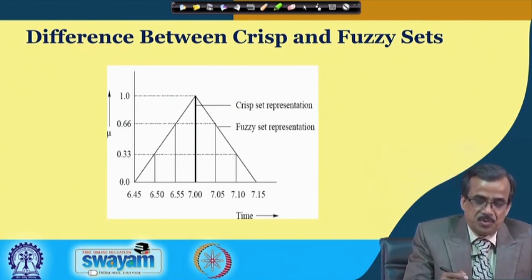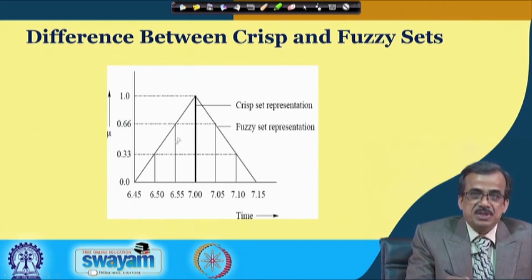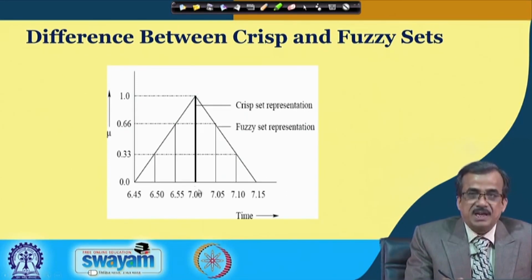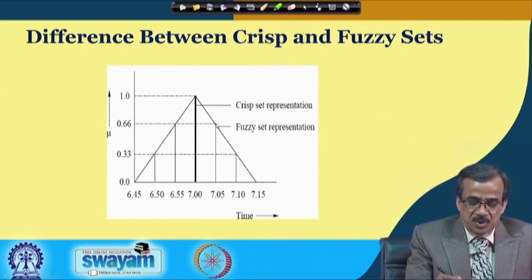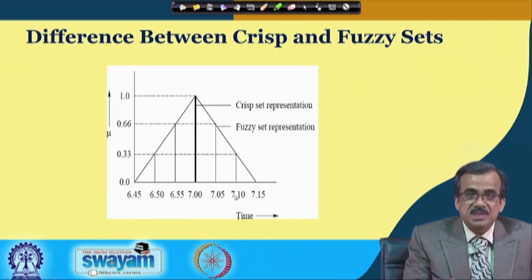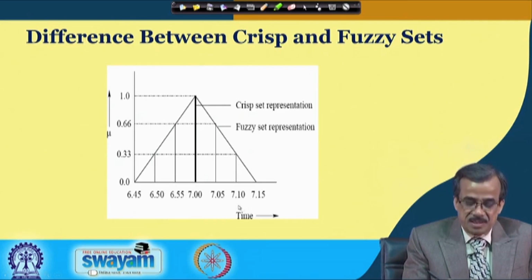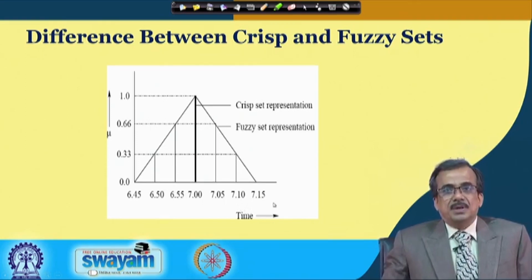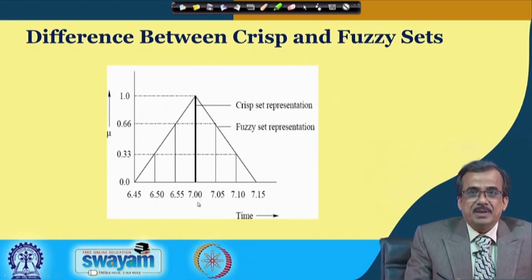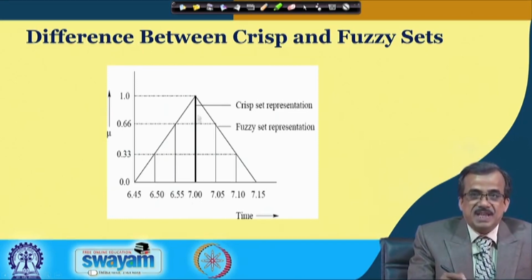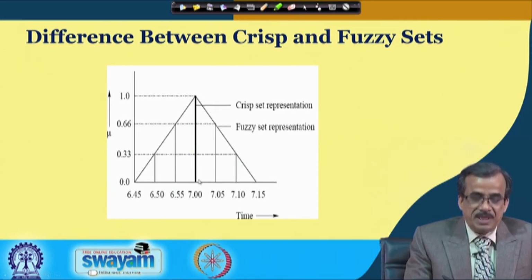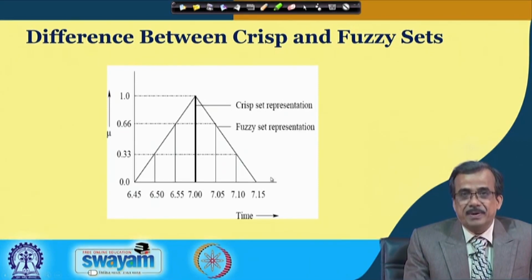Now, some of my friends might come exactly at 6:50, some of them may come at 6:55 p.m., some will come exactly at 7 p.m., some may also come at say 5 minutes past 7, or some others may come say 10 minutes past 7, and so on. Although I have requested them to come exactly at 7 p.m., some of them may come before 7 and some other people may come after 7.